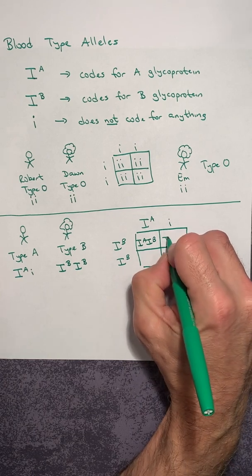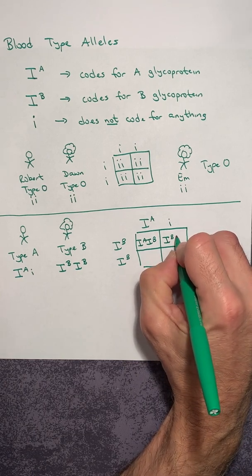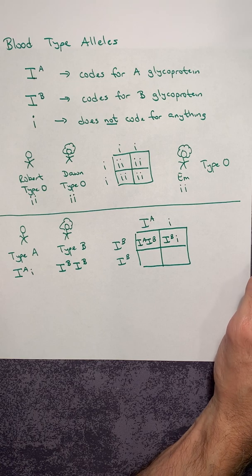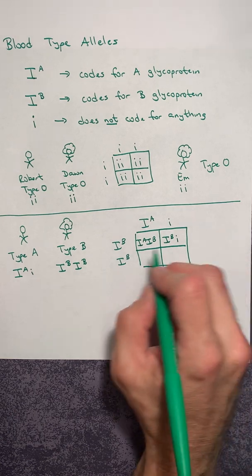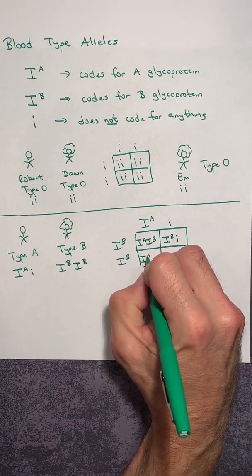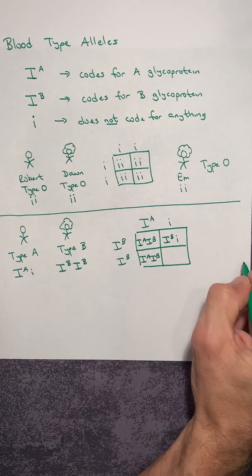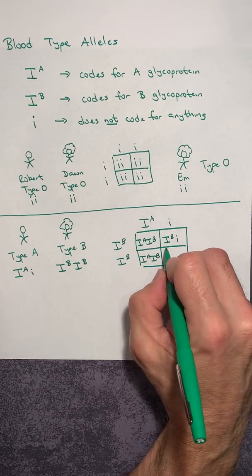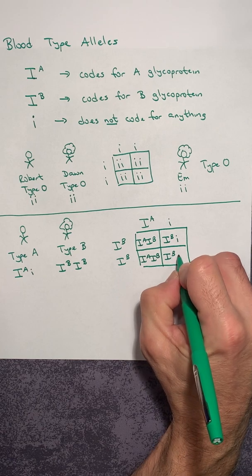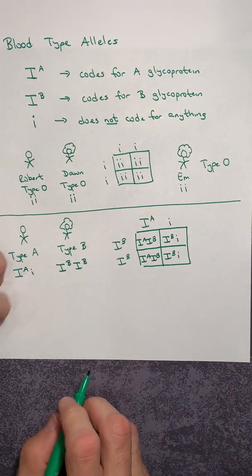Top right, IB, little i. Bottom left, IA, IB. And bottom right, IB, little i.